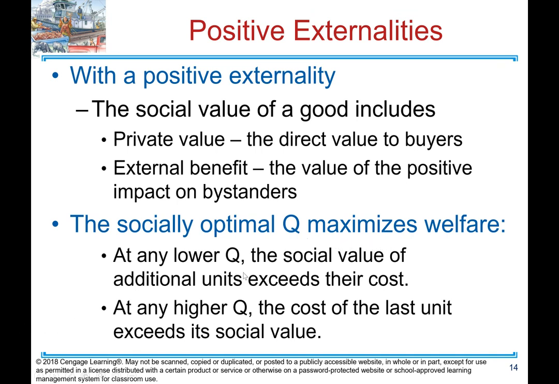At any output lower than this, the social value of the additional unit exceeds the cost, and therefore it is being underproduced. At any higher output, the cost of the last unit exceeds social value, and therefore it's being overproduced.